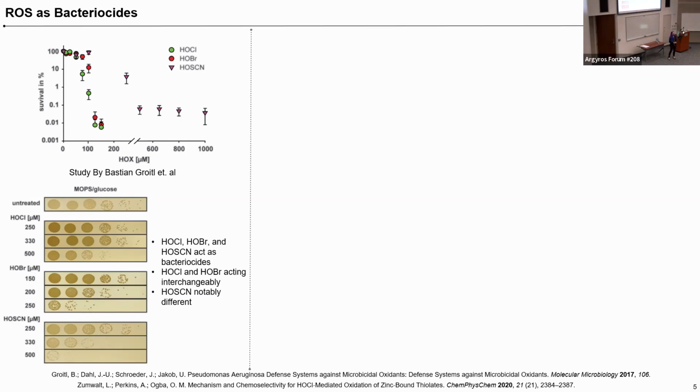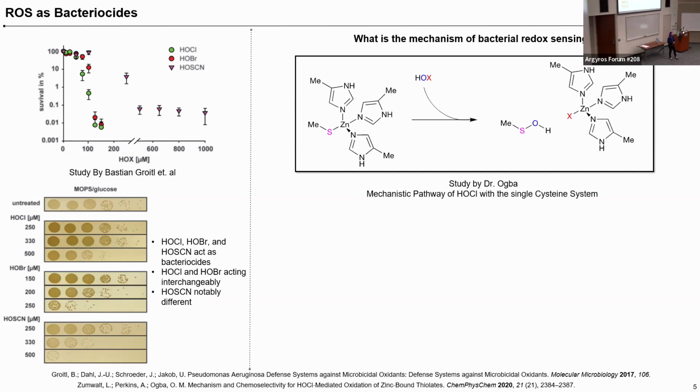However, there's a notable difference with HOSCN: the bacteria had a higher survivability at higher concentrations of HOSCN before finally dropping off at about 400. So this begs the question: what is the mechanistic pathway of bacterial redox sensing, and why does it differ for HOSCN?